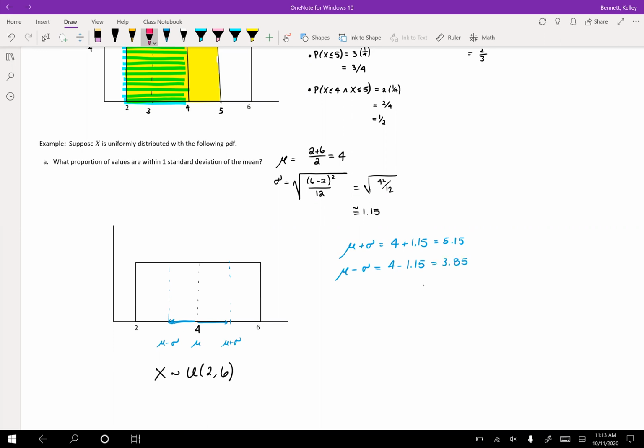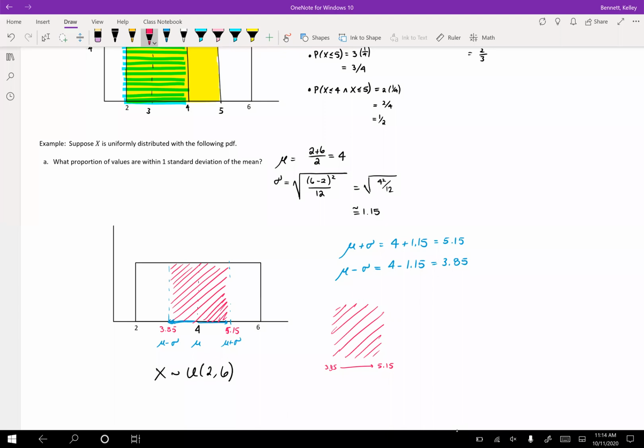So now what I want is to compute this area here. So this area, if I wanted to look at the shaded area, it's going from 3.85 to 5.15.